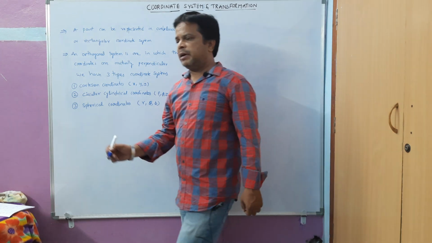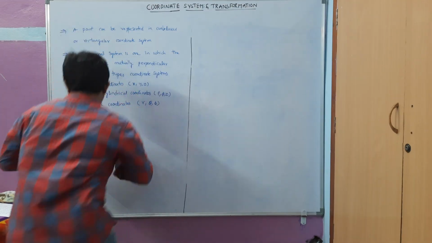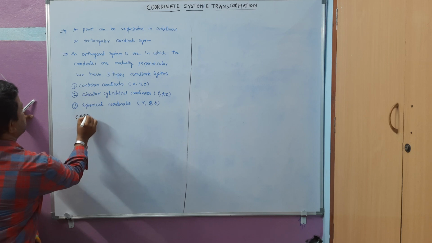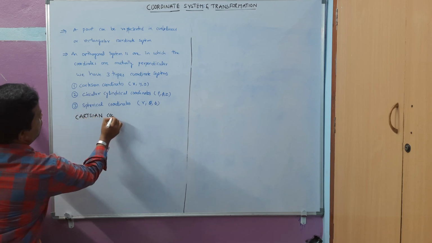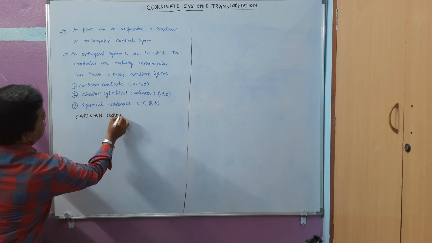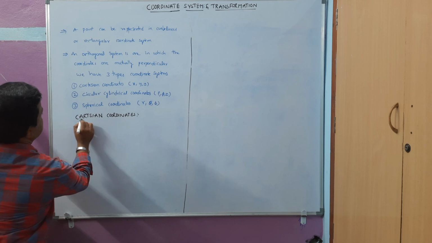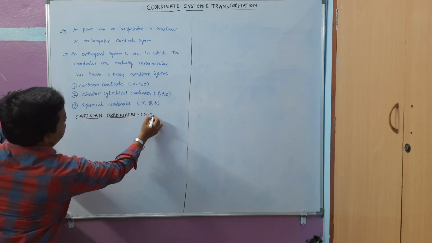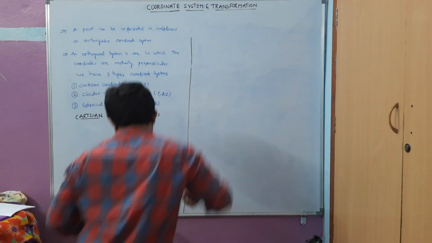Now let us take them one by one. First I will take the Cartesian coordinate system, with coordinates x, y, z.